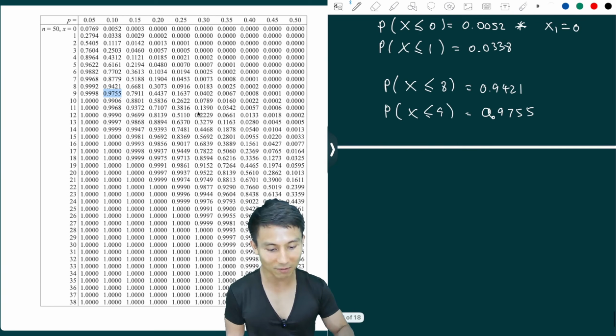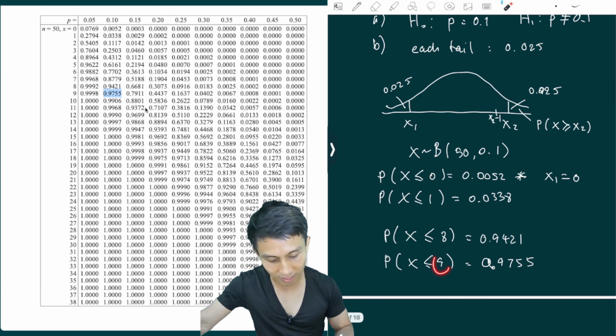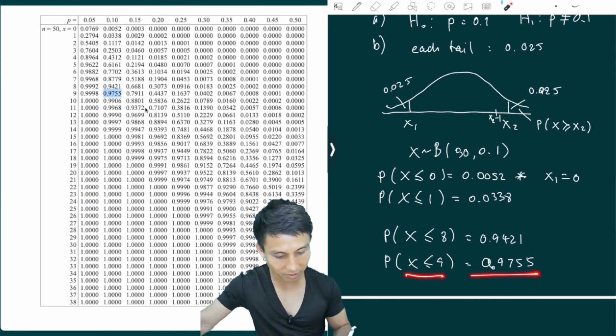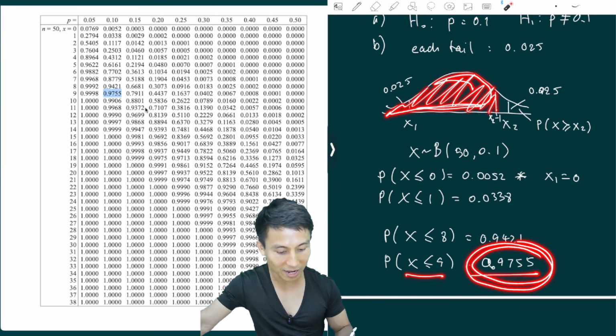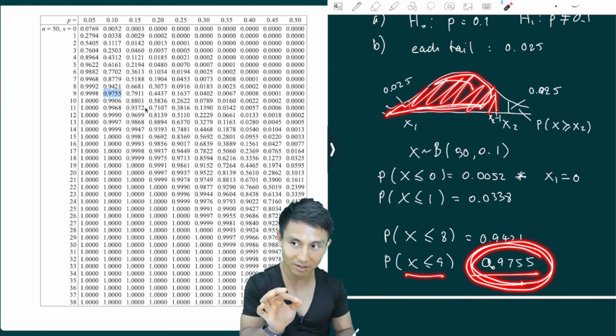But you've got to be careful here, because this number 9 will be the same as x2 minus 1. Remember, we want the left tail, the left area here, to be at least 0.975, and this is already okay.